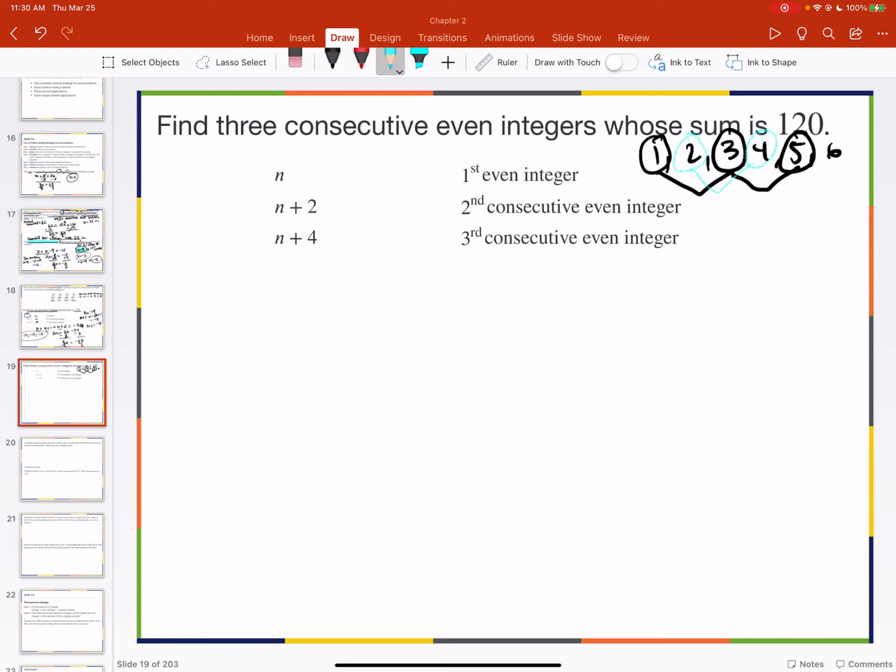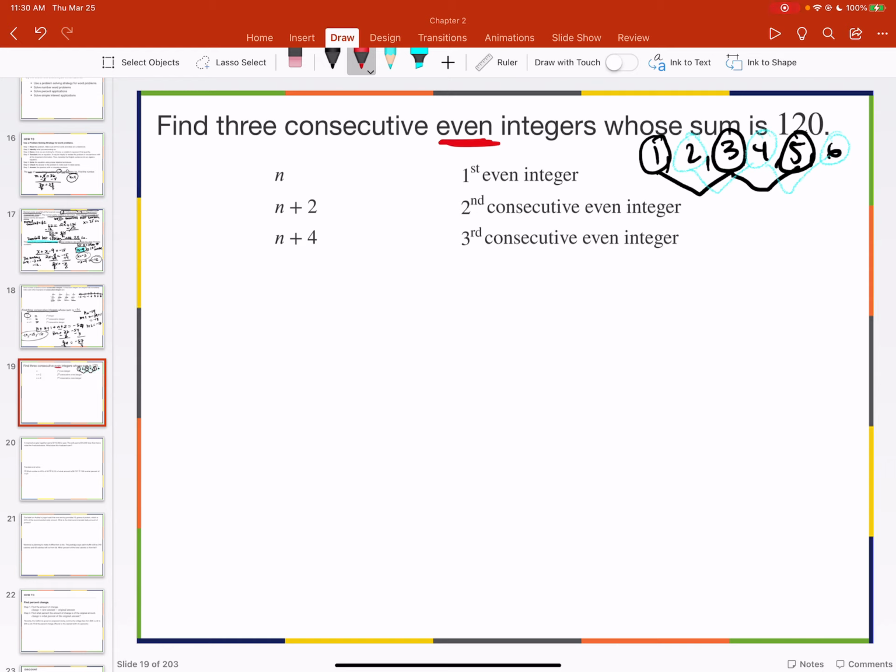Here's the next even one. Here's the next even one. Do you see the pattern? They're 2 numbers away, right? You never have 2 even numbers in a row on the number line, or 2 odd numbers. It alternates, okay?